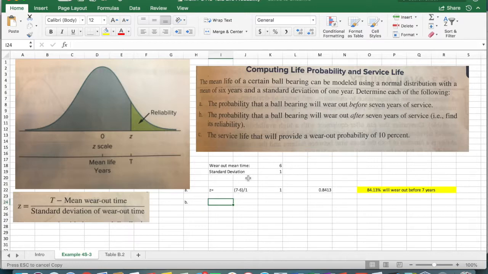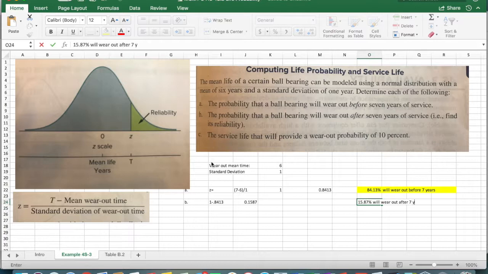To find the area of the green part, we just have to take 1 minus 0.8413, which is 0.1587. So we know 15.87% will wear out after 7 years. And that is the answer to part B.